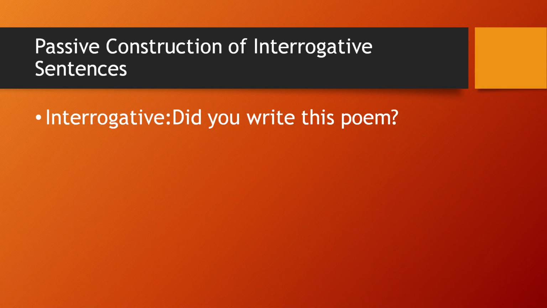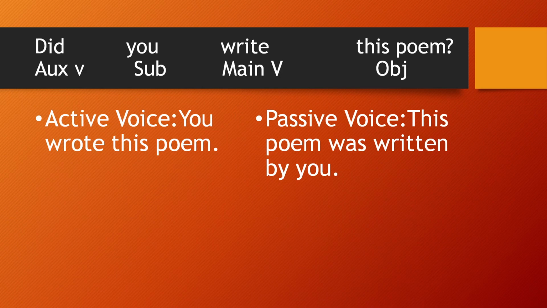Now, how to change an interrogative sentence from active voice to passive voice? Now look at this. We need to perform 3 steps when we change an interrogative sentence from active voice to passive voice.